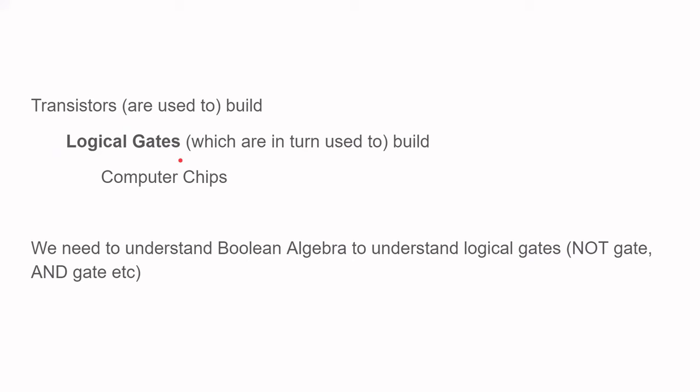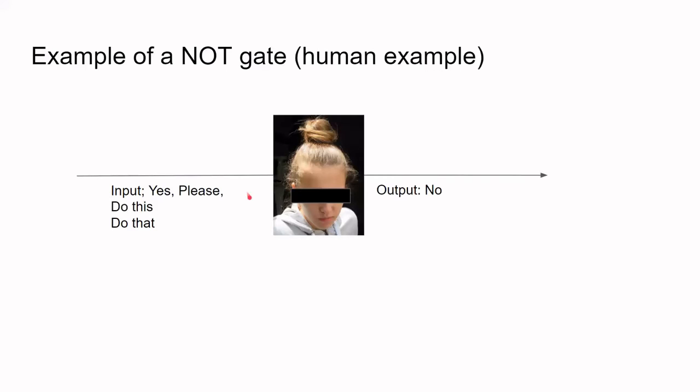I am explaining very simplistically, but logical gates are then used to build computer chips, like the central processing unit in a computer. I will tell you an example of a logical gate with the help of a teenager. There are several types of logical gates. So let's say this teenager is like a logical gate, a NOT gate, meaning whatever you tell this teenager, yes, do this, do that, please, what will be the output?